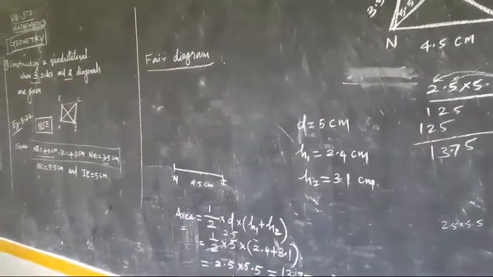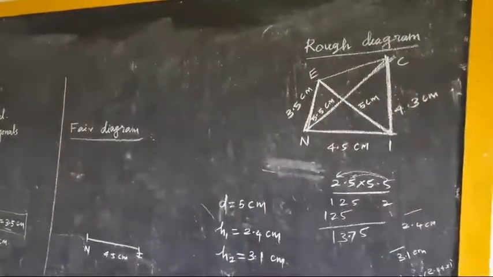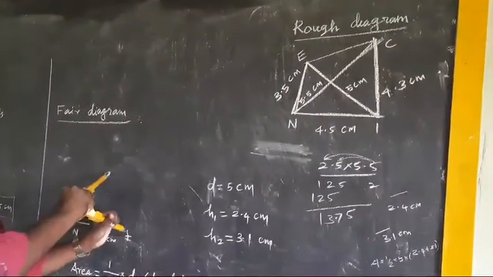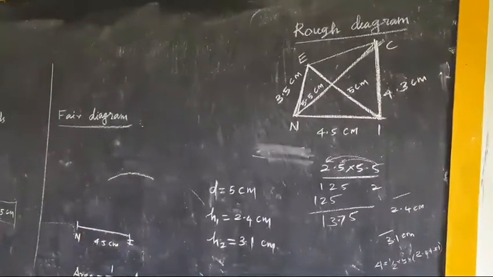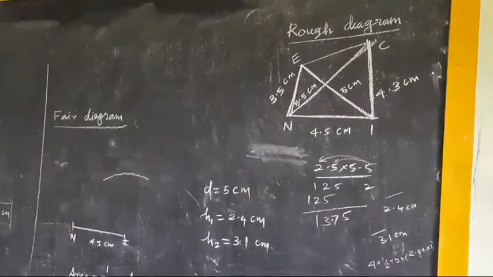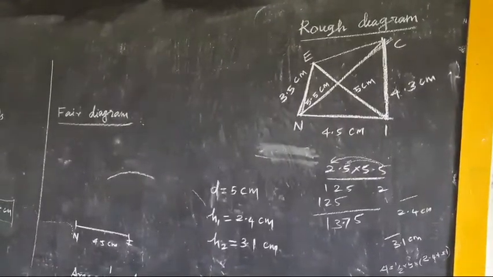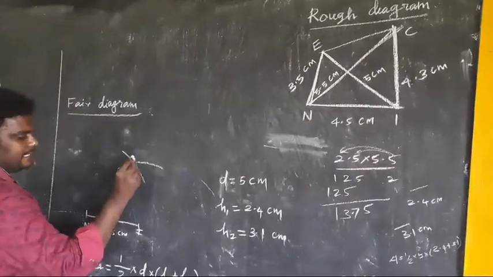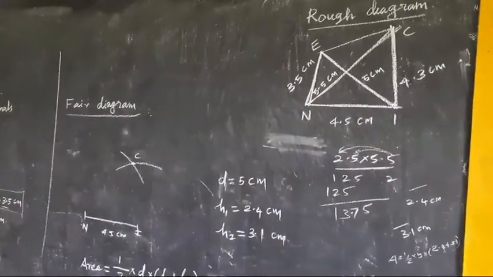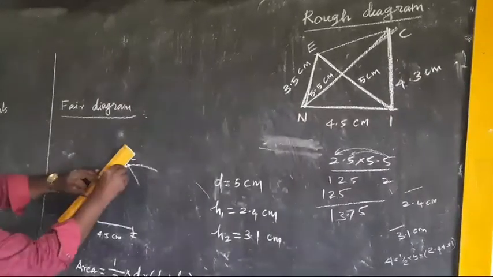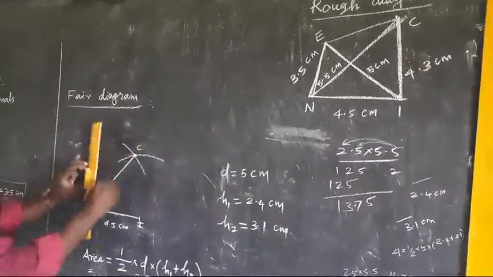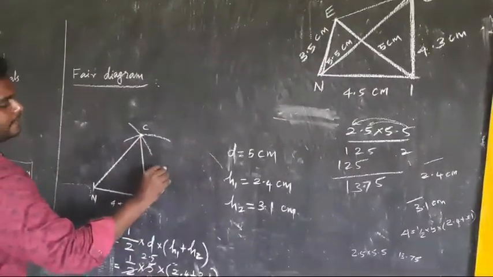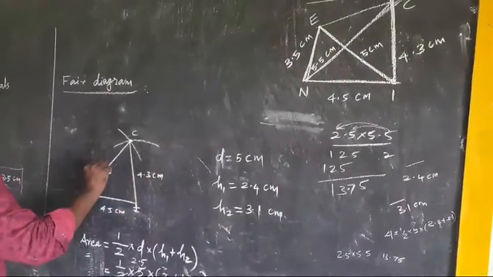Next, IC is 4.3 centimeter and NC is 5.5 centimeter. The intersecting point is C. Next I connect N and C with a line segment, and I and C with a line segment. So this is 4.3 centimeter and this is 5.5 centimeter.